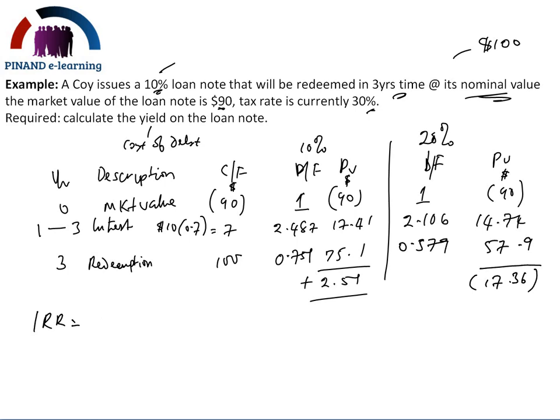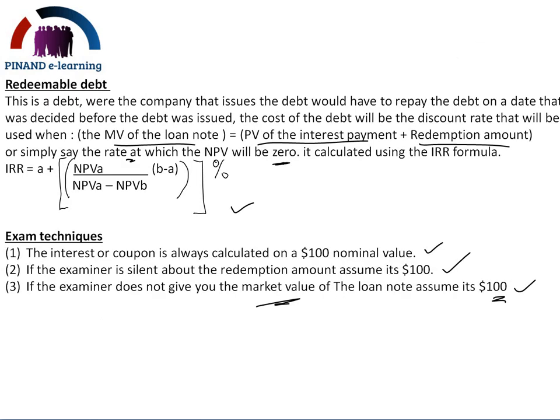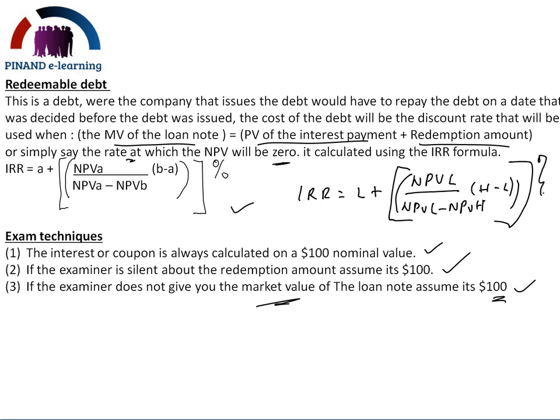Remember the formula: A, NPV A over NPV A minus NPV B, times B minus A. You can also write it as IRR is equal to low rate plus NPV low over NPV low minus NPV high, times high minus low. Okay, all right, you can express it like this. It's the same thing however you want to express it, whether you want to use low and high or A and B, whichever one you do, it's okay.